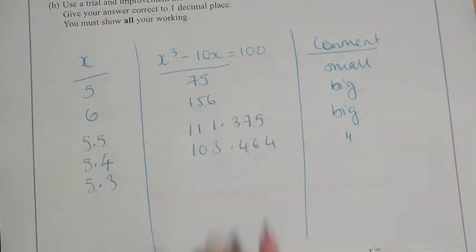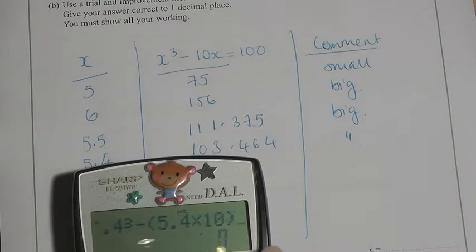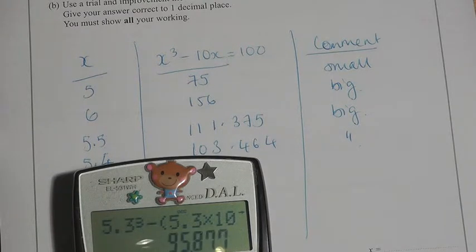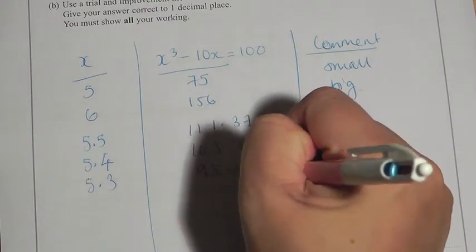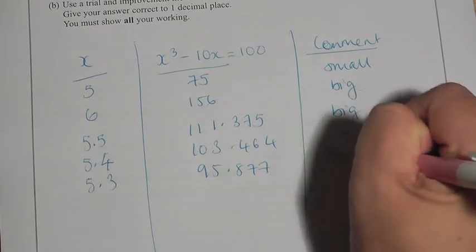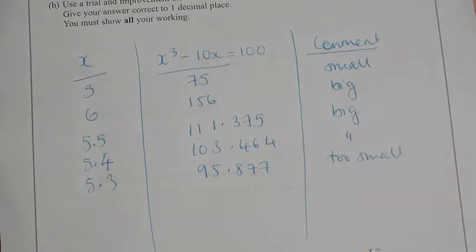So I'll try 5.3, which gives me the answer of 95.877, which is now too small. So I know it lies between 5.4 and 5.3.